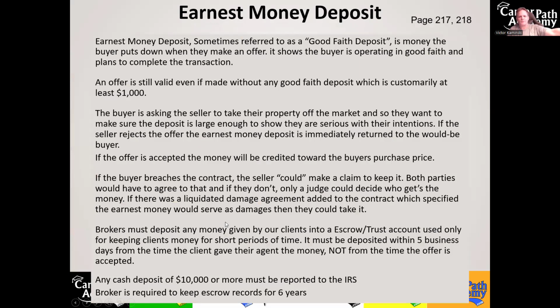All right, so earnest money deposits. You may want to snap a picture of this one. This one's a decent explanation. Earnest money deposit is sometimes referred to as a good faith deposit. Let me do some technical corrections on this.